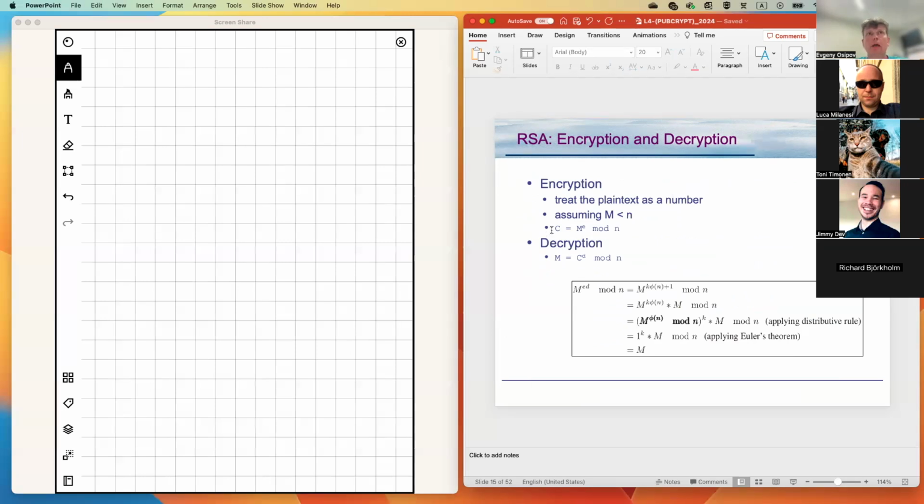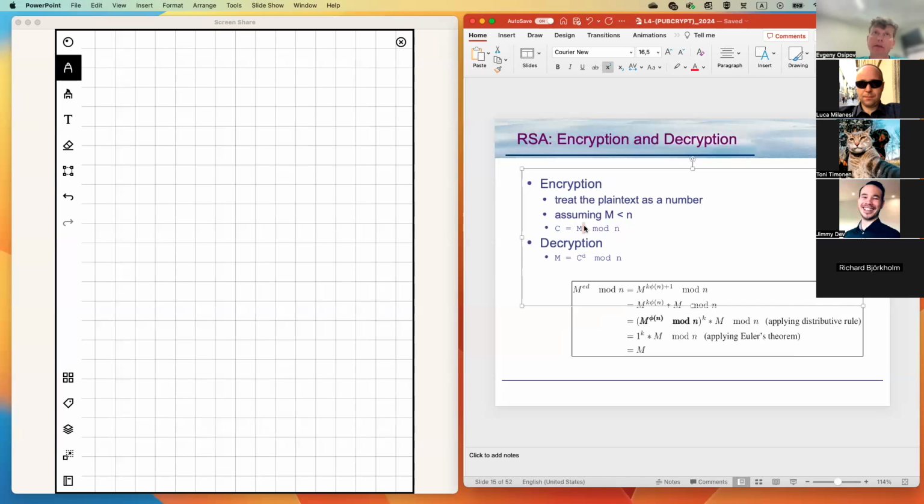This equation over here, which I just highlighted, describes the encryption procedure. You have the plain text and you transform it into ciphertext. For this operation, you need two numbers, the modulus and the exponent e.